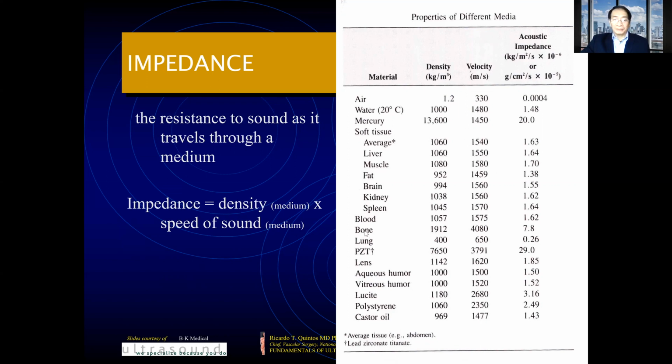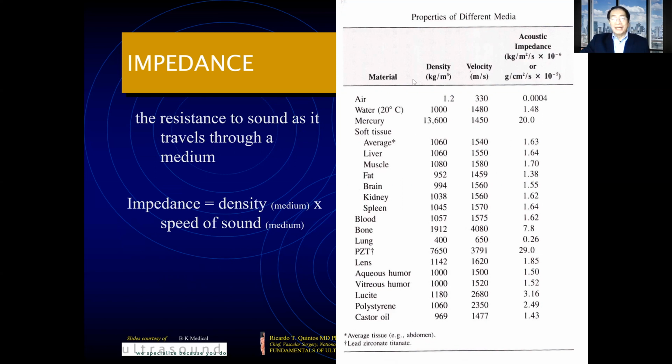Going to bone, the density of bone is about 1,912 kilograms per cubic meter, and the velocity is 4,080 meters per second. The acoustic impedance measured in bone is a very high resistance, about 7.8, compared to the acoustic impedance in soft tissue.